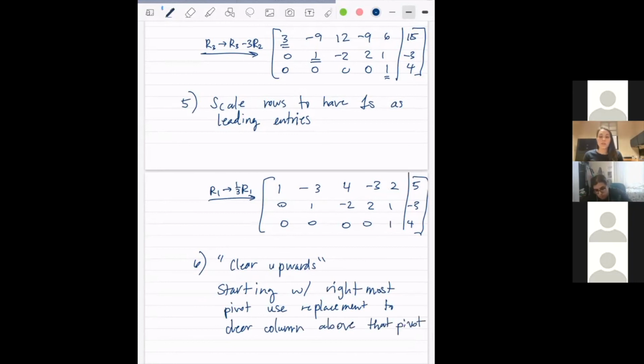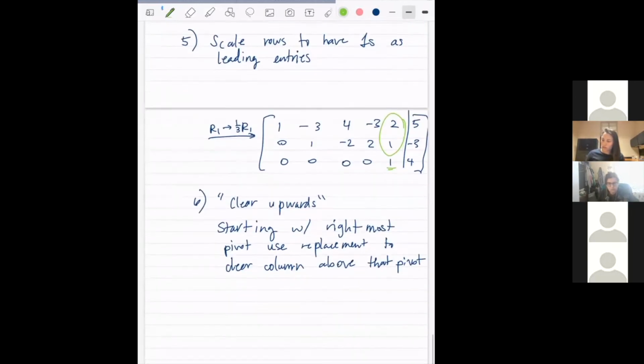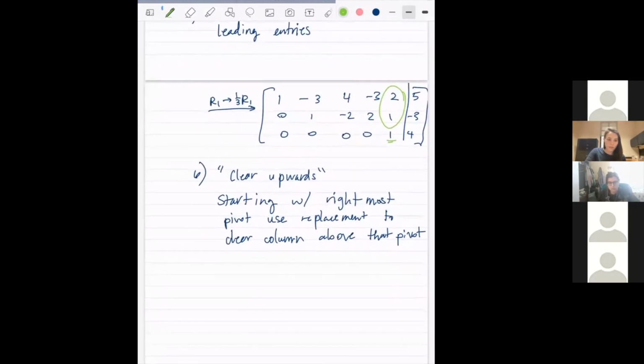So you should have zeros below it because it's in row echelon form, but you want to get rid of the stuff above it. So for instance, here we have a pivot in the 5th column, and we have stuff above it that we want to get rid of. Great.